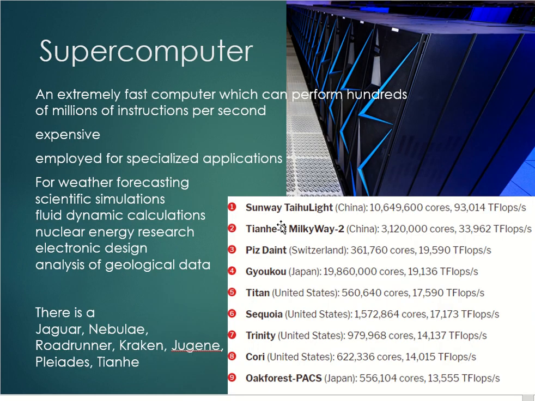And the last one is the supercomputer. It's a very fast computer. Now a mainframe system is a separate set of computers which run the same system on each and every computer. It provides services depending on the number of users. But the supercomputer is a single computer. It is extremely fast.